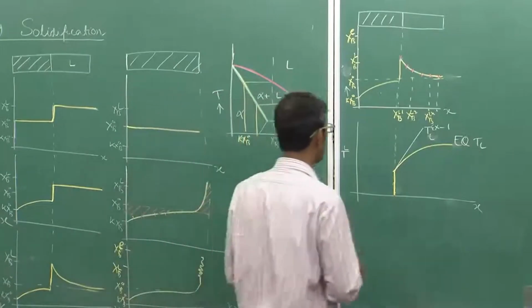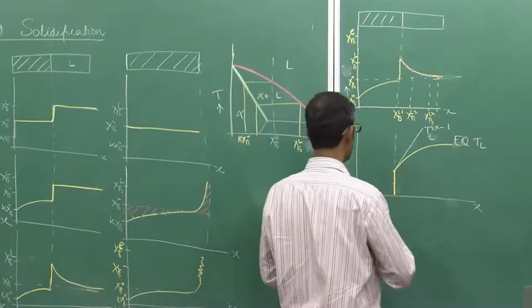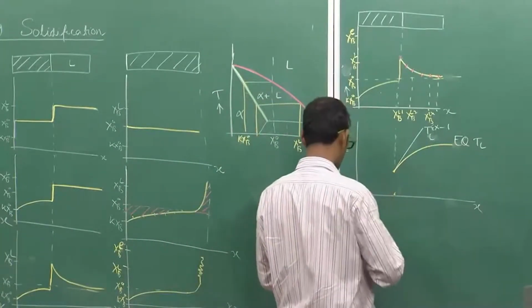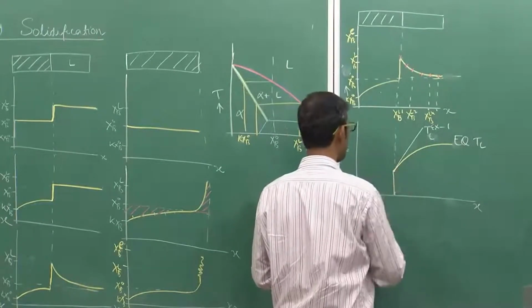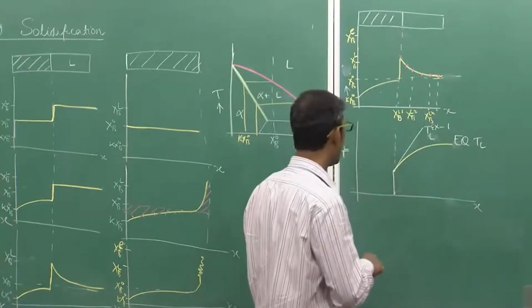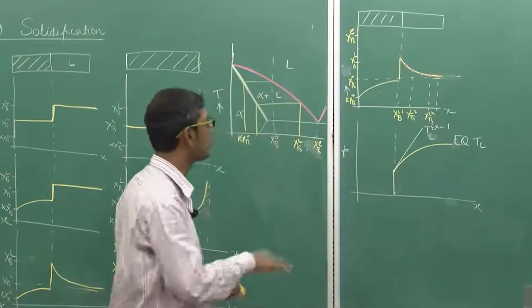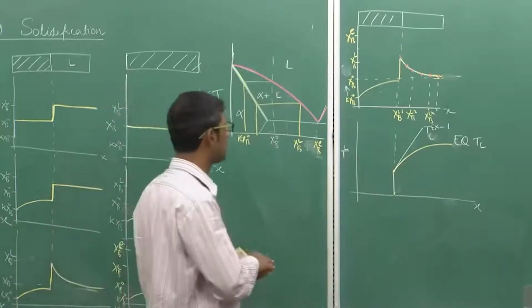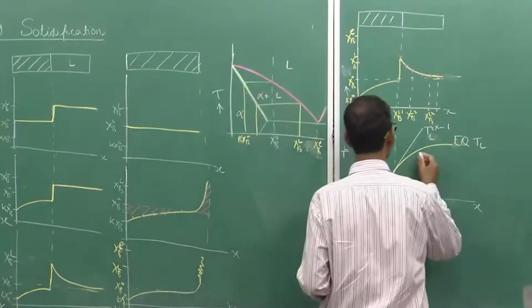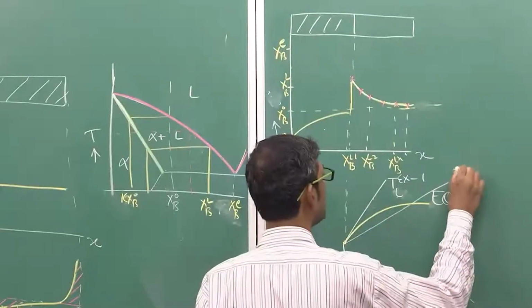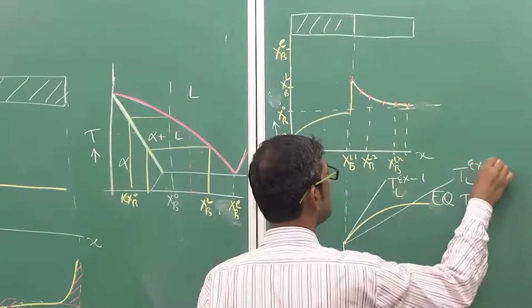Let me draw this as a white line so that you do not forget; this is my first condition. Suppose I have another experimental condition in which the gradient is like this. This is TL experiment 2.